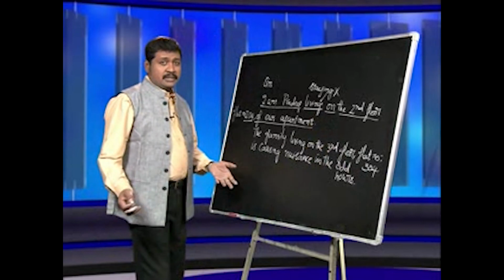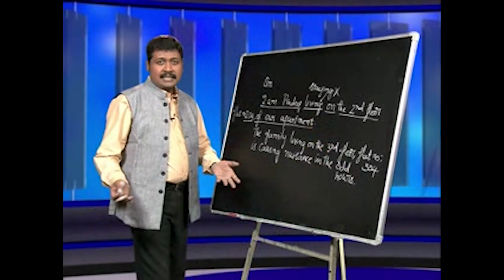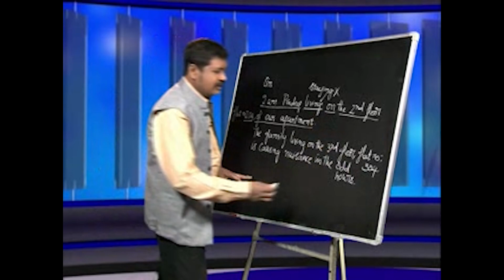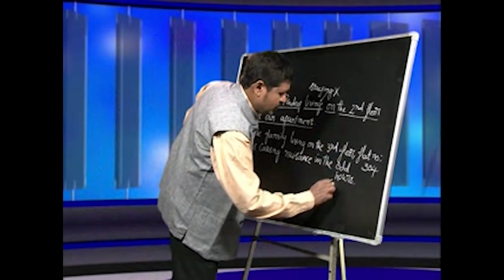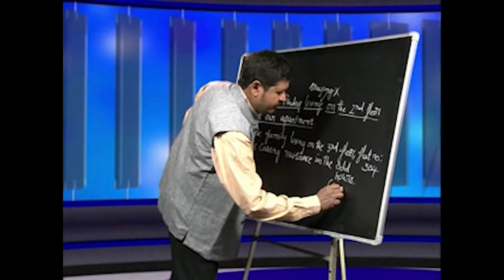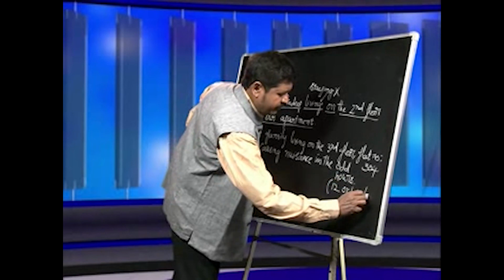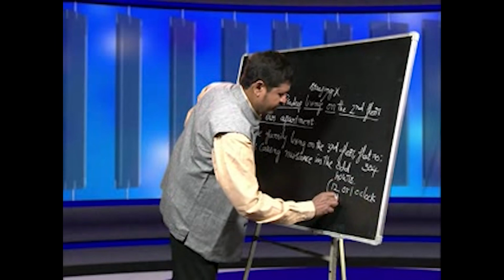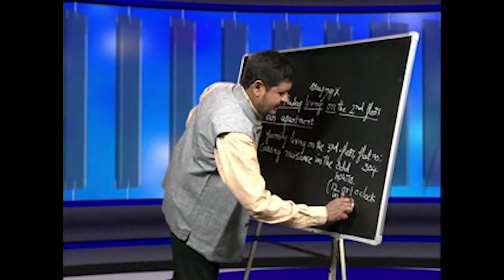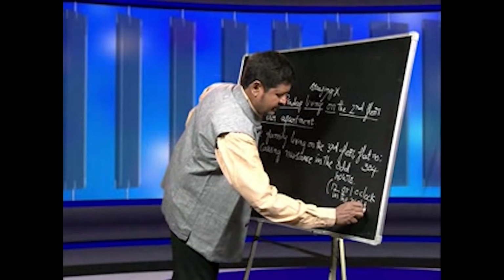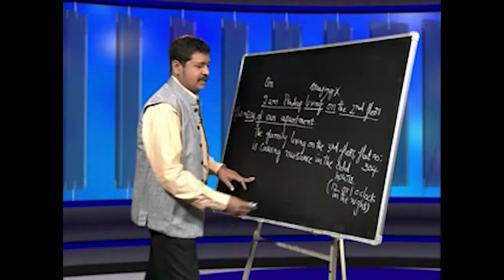So by the word odd hours, we are talking about 12 o'clock in the night, 1 o'clock in the night. Maybe that can be mentioned within brackets. 12 or 1 o'clock in the night.